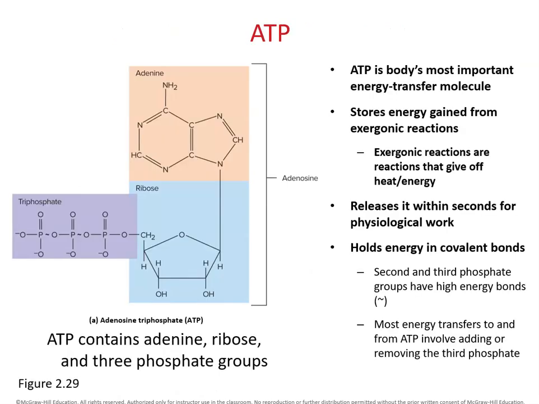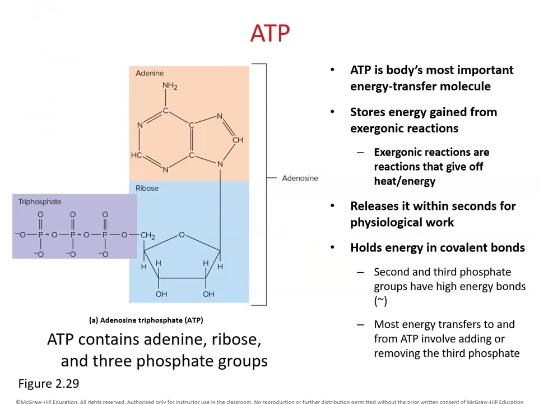So here's the structure of ATP. We have our adenine, then our 5-sided ribose sugar, and then 3 phosphate groups. 1, 2, 3. So ATP is the body's energy currency.